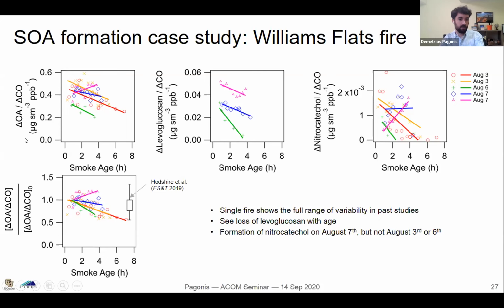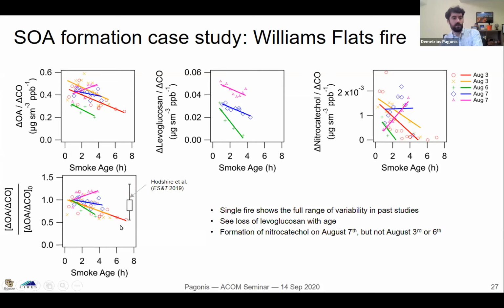And so starting here on the left side with the OA data, if we normalize all the different Lagrangians to their initial value here, I just want to point out that across 3 days at the same fire, we actually spanned almost the full range of variability that's in the literature. Right?